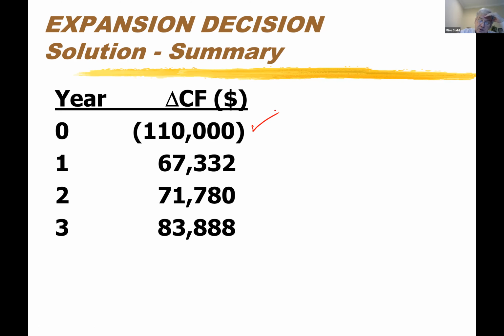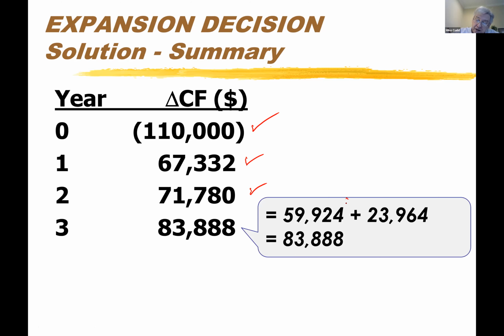We'll have cash operating flows, or in other words, cash profit in years 1, 2, and in year 3, we'll have cash profit, but we'll also have that terminal cash flow. So our total cash flow in the final year will be the sum of the operating cash flow from year 3 plus the terminal cash flow from year 3. They happen at the same time, so we can just add them.